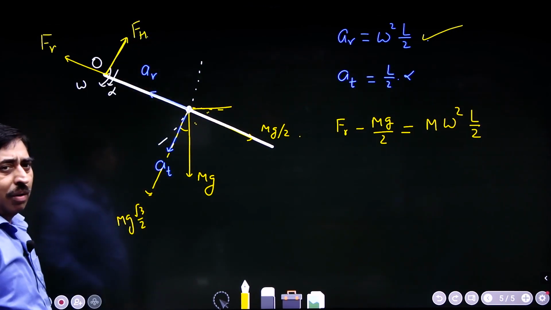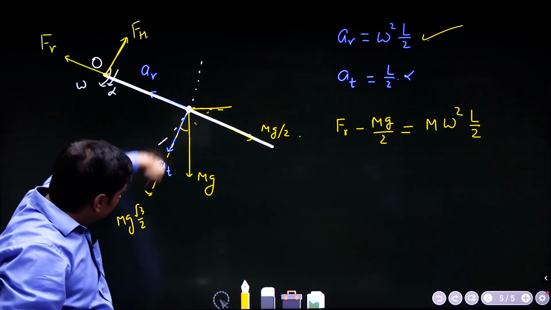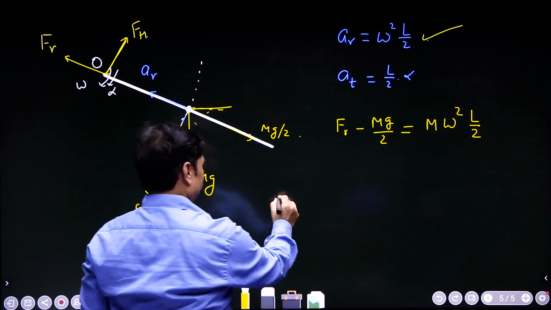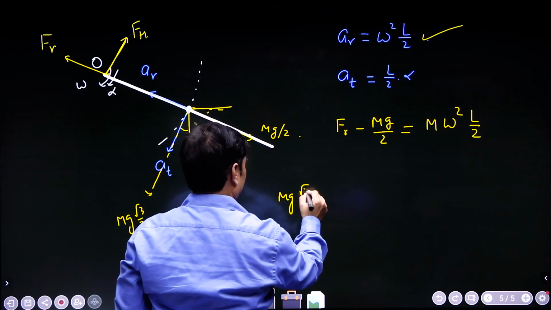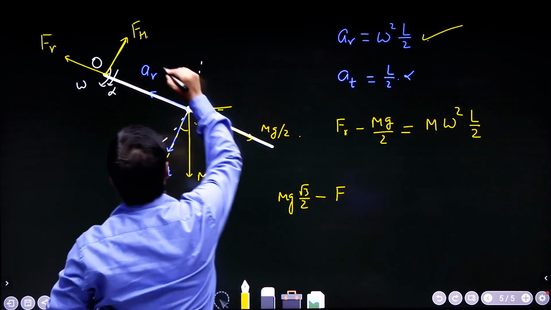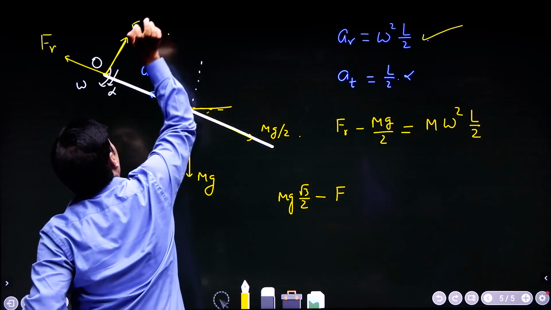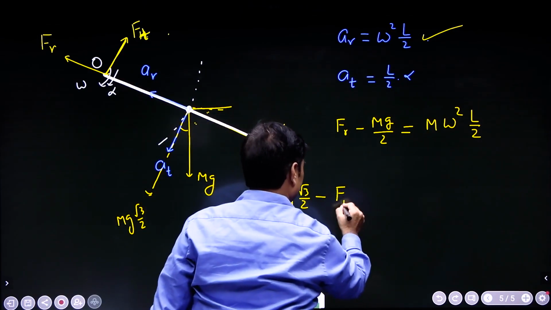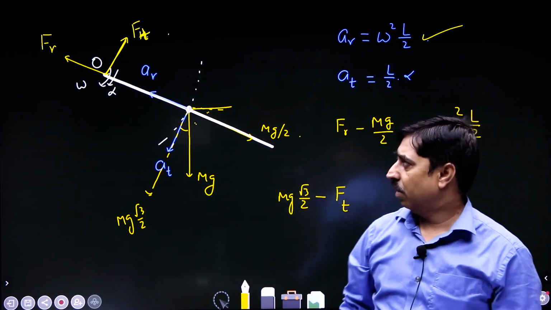Okay. So, the net force on the rod in this direction, perpendicular to rod, is mg root 3 by 2 minus the, don't write it as Fh, write it as Ft, tangential hinge force, Ft. I hope you are getting it.